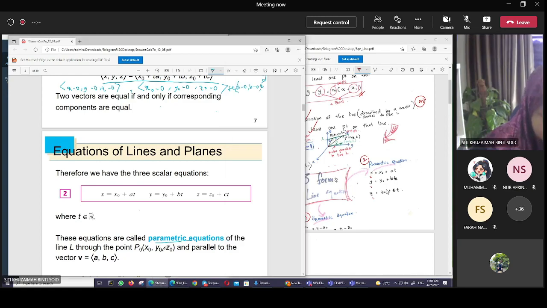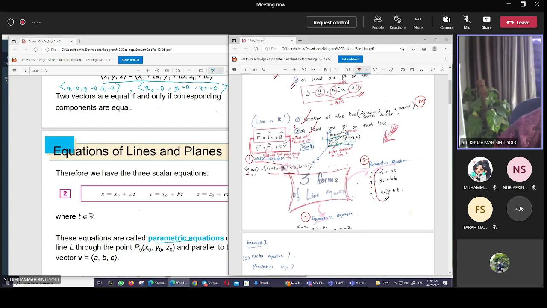The parametric equation of the line through this point. We know that this is the coordinate x, y, z. So (x0, y0, z0) is the coordinate passing through, the coordinate on the line, the line that we are looking for. And a, b, c is the parallel vector.